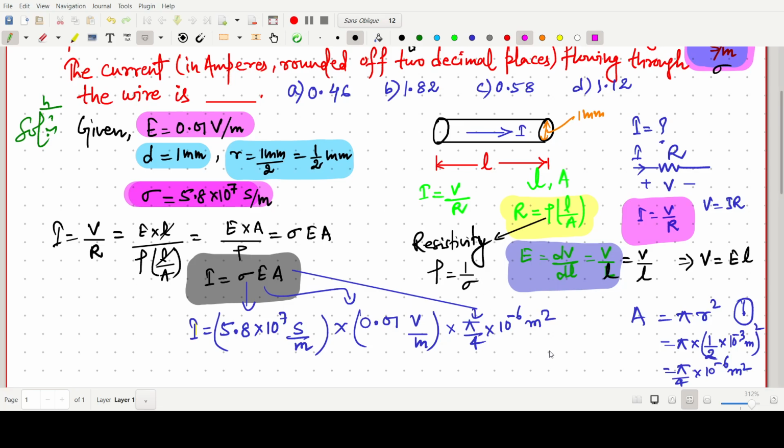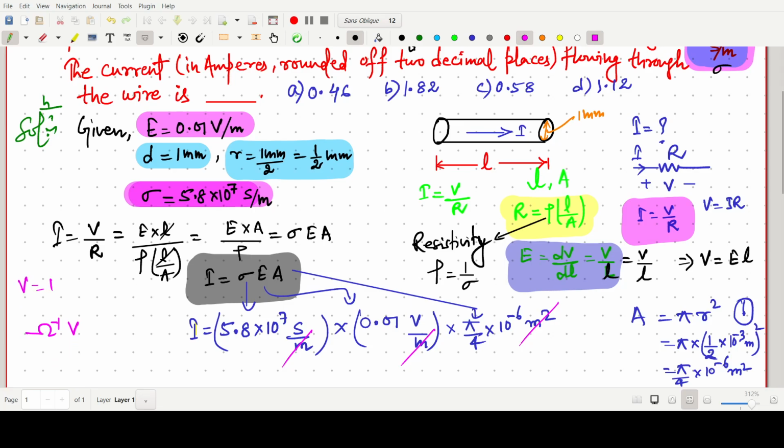Now you can also see why I have written meter square: this meter and meter will be cancelled out. Siemens is ohm inverse, and this one is volt.